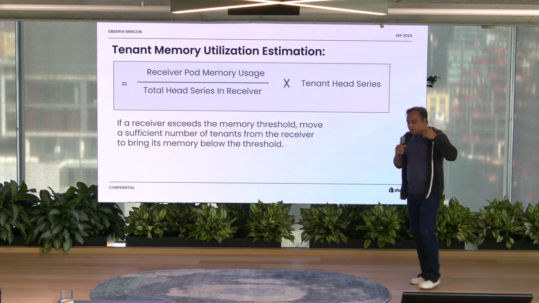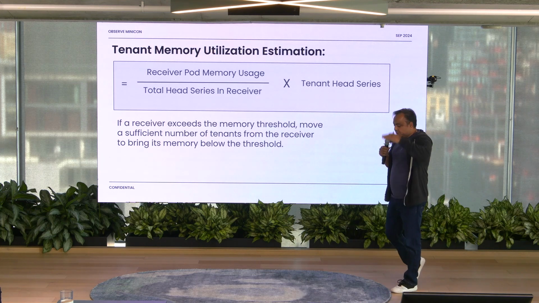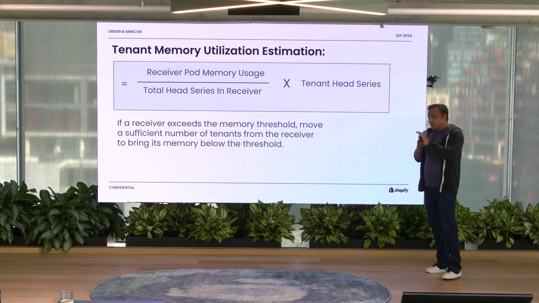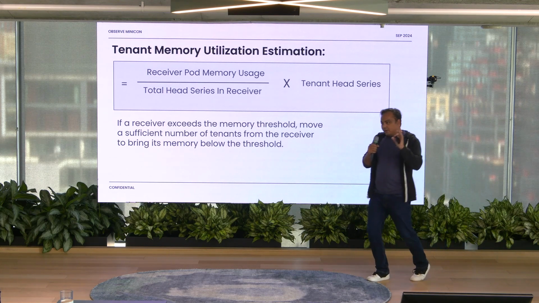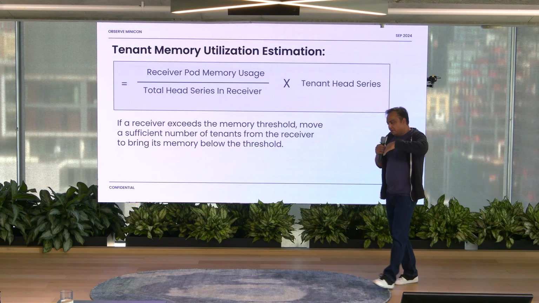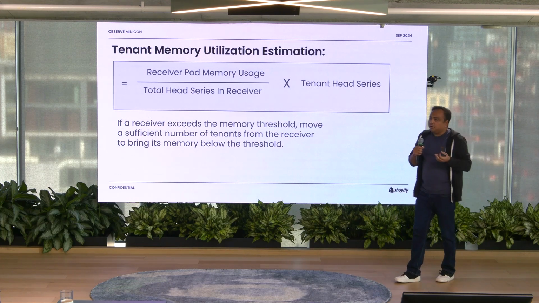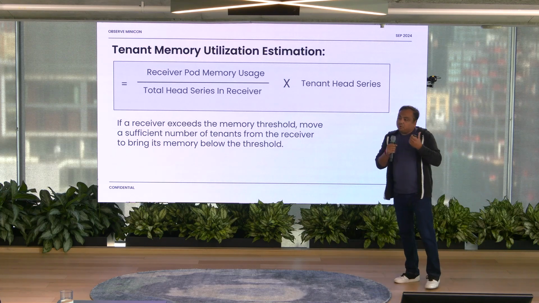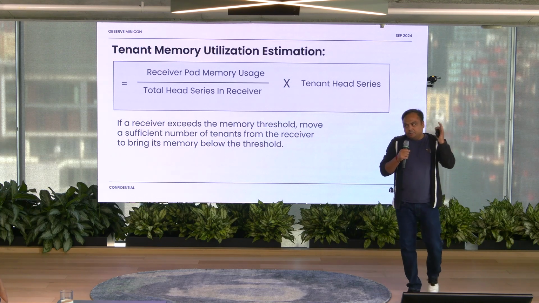So what we do: if a receiver goes above 60%, we remove a tenant. Hypothetically, we are not removing physically. Right now, we are calculating. We remove the tenant and see if receiver memory goes below 60%. If it is not, remove another tenant. If it goes below 60%, we know these are the tenants that can be removed.